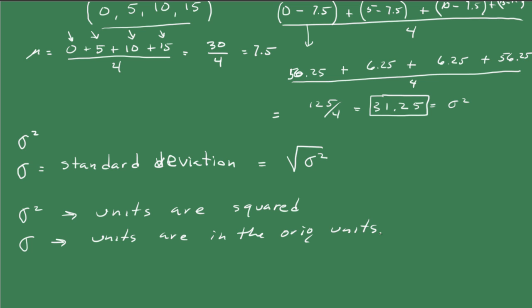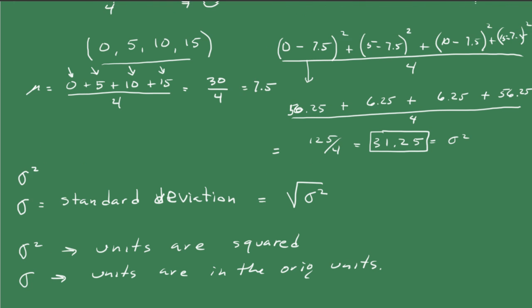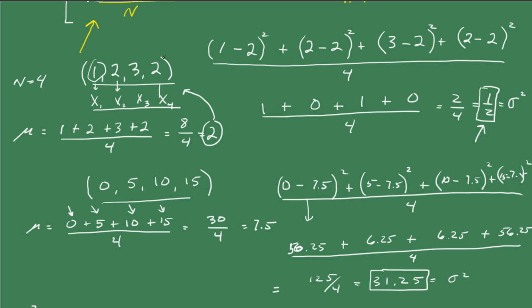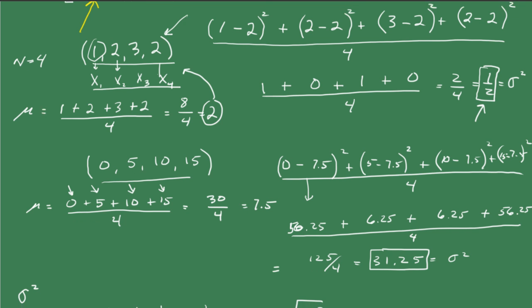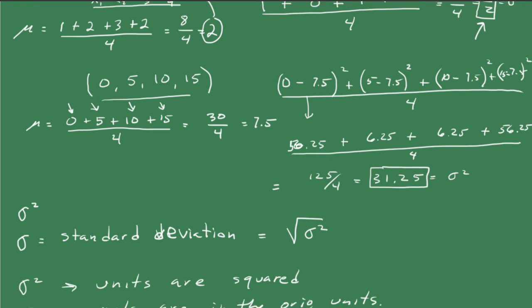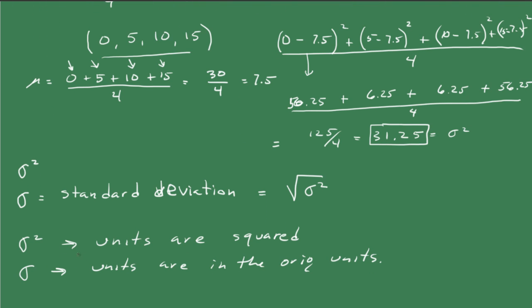So for example, let's say that in this first group of numbers here, those were measured in inches. Well then, our number for the standard deviation would also be in inches. The variance, however, would be in inches squared, which makes things, again, a little bit less intuitive to contemplate.